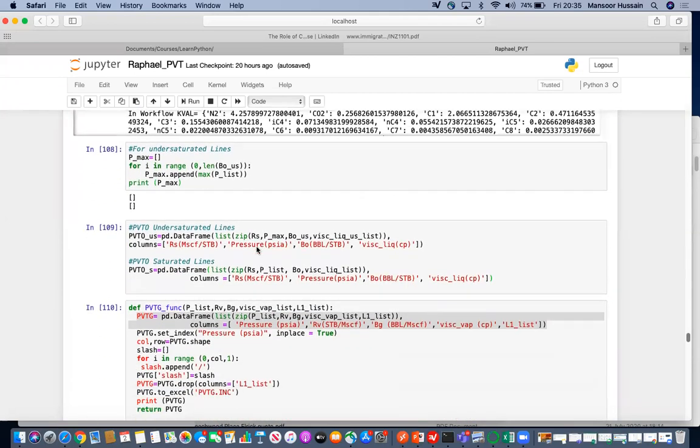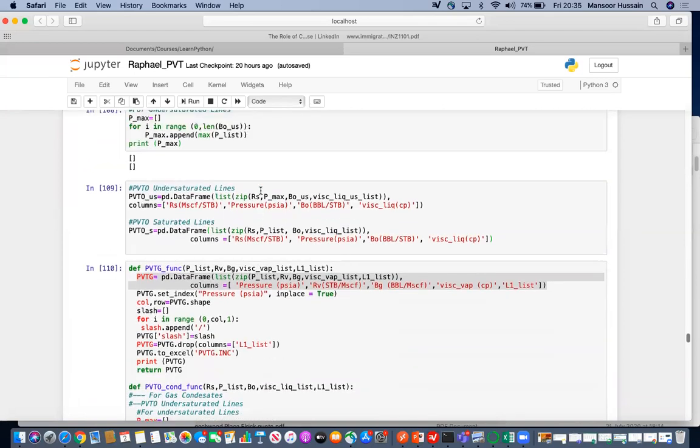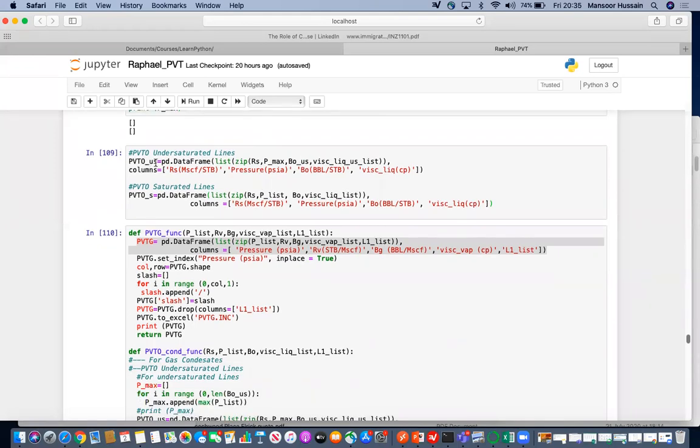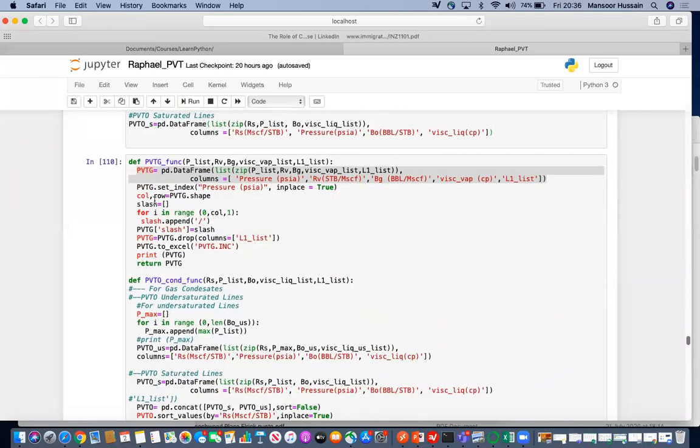Finally, these functions I'm using to assimilate all the output from the viscosity function and the black oil function in the form which can be used in Eclipse and can be plotted. When you see PVTO under US, it is PVTO undersaturated, and this is PVTO saturated. So I'm assimilating them separately and then putting them together.